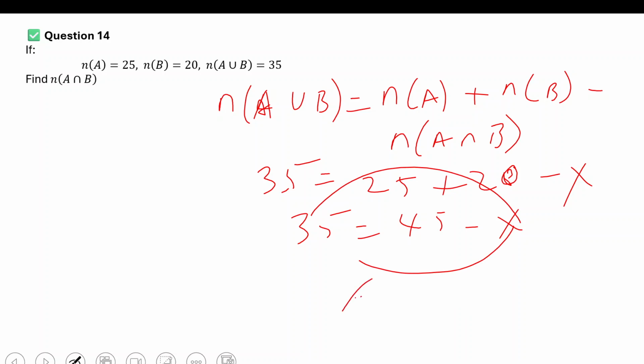So X is equal to 45 minus 35. X is equal to 10. So number of A intersect B is 10.